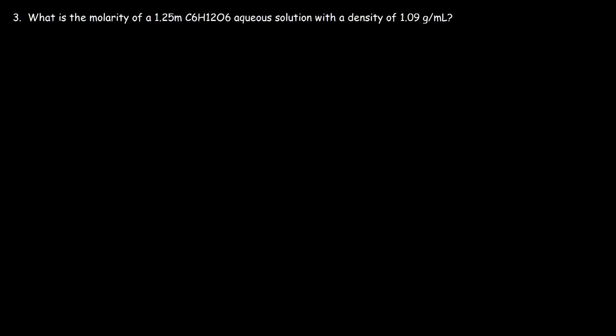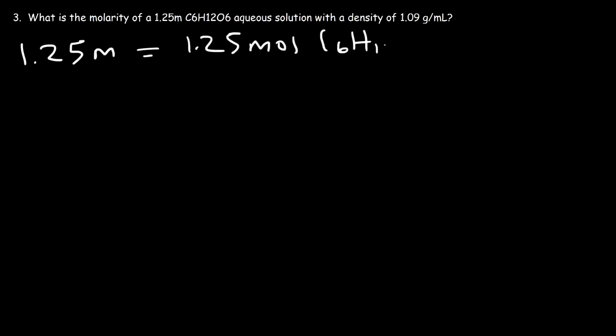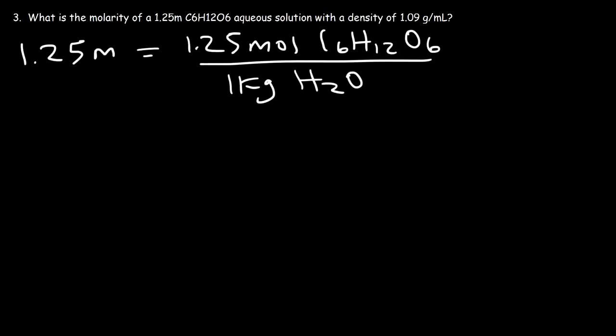Well, let's focus on the molality. A 1.25 molal solution means that there's 1.25 moles of glucose per 1 kilogram of solvent. In this case, it's an aqueous solution, so the solvent is water.